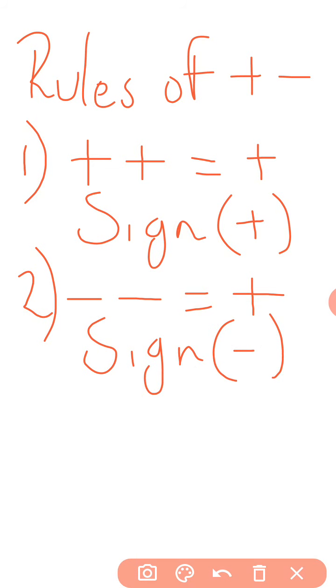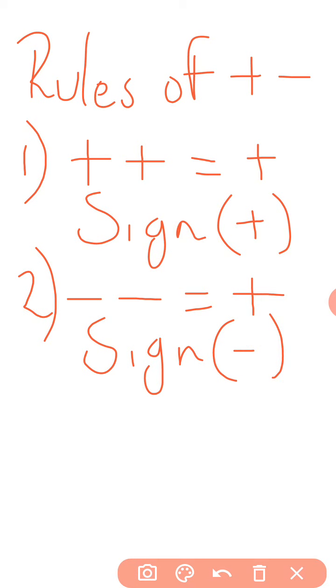So the basic difference you can see between the first and the second rule is that the result in the second case will be negative, and in the first case the result will have a positive sign. In the first case plus plus is equal to plus, we add both the numbers, but the sign will always be positive along with the answer.